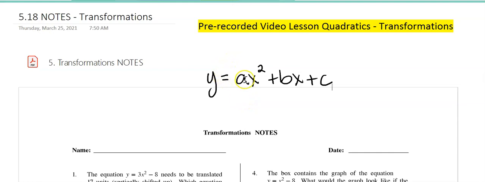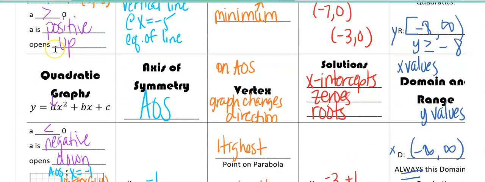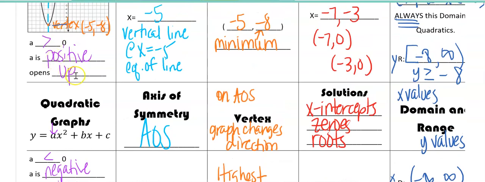And back when we did some properties and attributes of quadratics, we actually did talk about what they look like and how it changes stuff. So that was 513. Back on 513, we talked a little bit about the a value, so I want to go back to this a value.